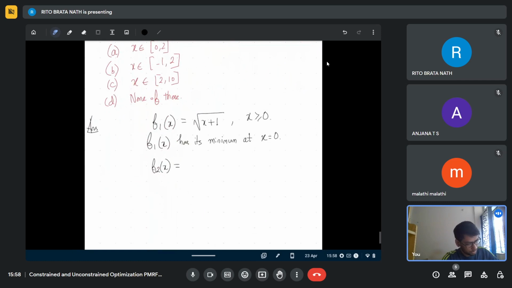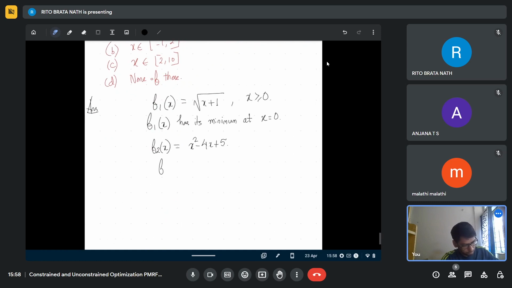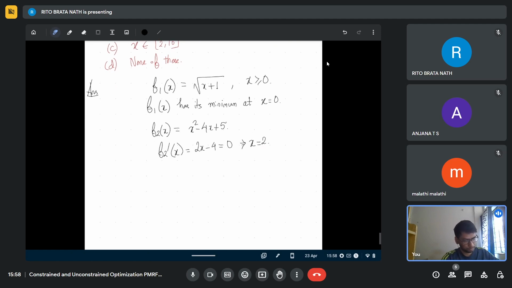Then f2(x) is x squared minus 4x plus 5. You can take the derivative and set it to 0, and x equals 2. The second derivative is positive, which is 2.